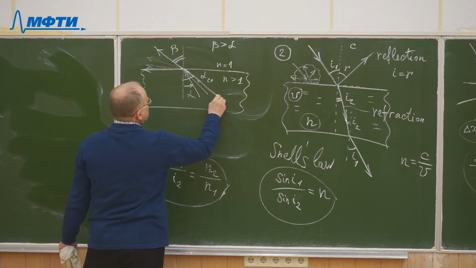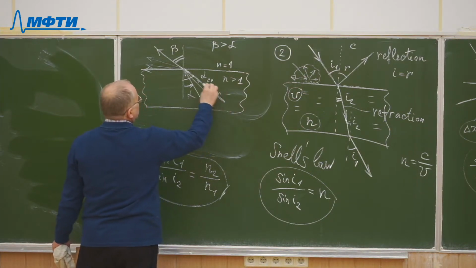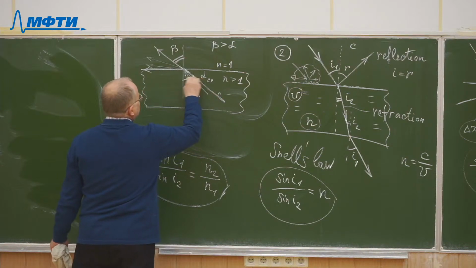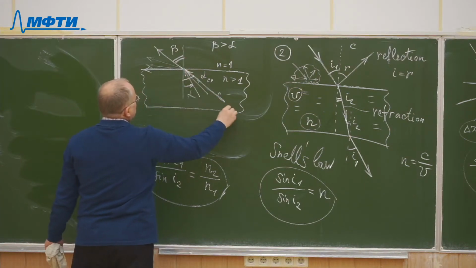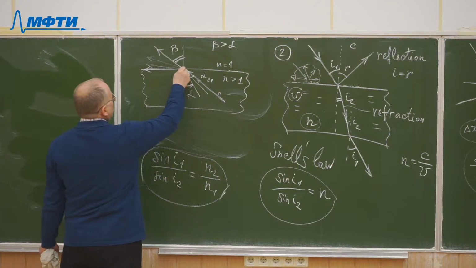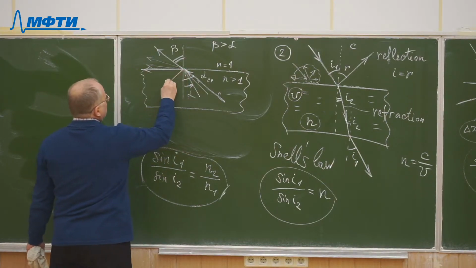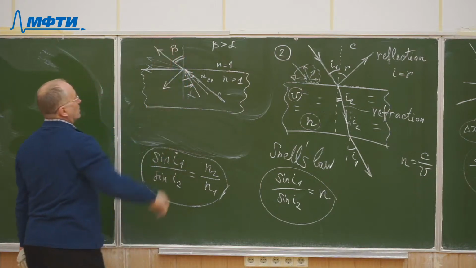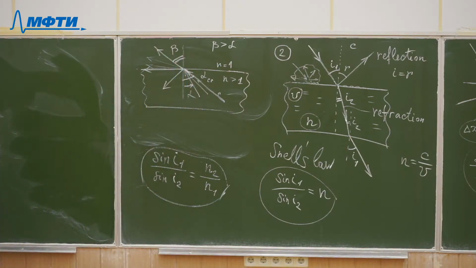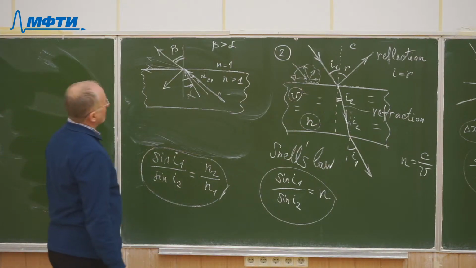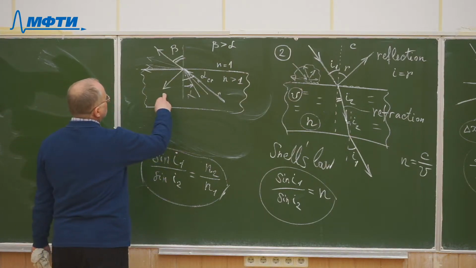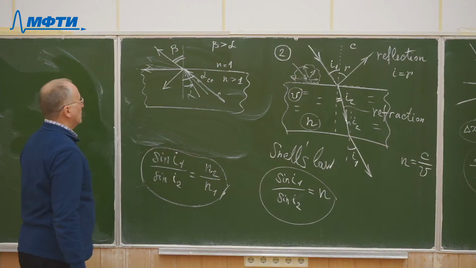And if we increase just by a little bit the angle of incidence of this light beam from the glass, then all the light will be reflected from the surface and nothing will go out. This phenomenon is called the phenomenon of total internal reflection.